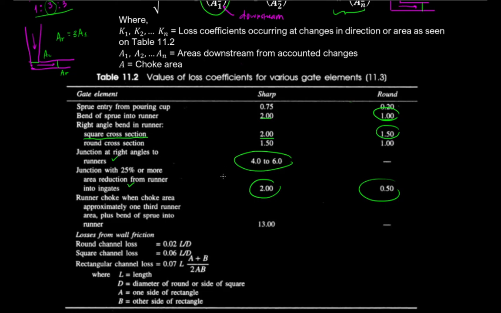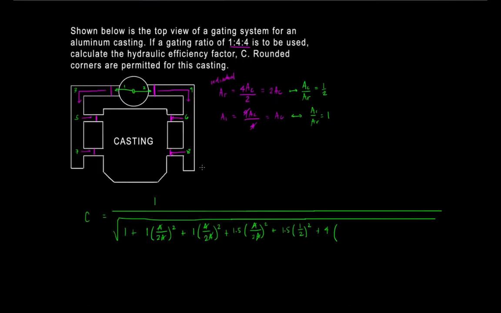If you look at it, the junction here is a right angle one, and the area of the in gate versus the area of the runner is just one half. The in gate is equal to the choke area as given by this ratio here. Sorry, this is supposed to be the in gate, I or G, since it's gate or in gate.